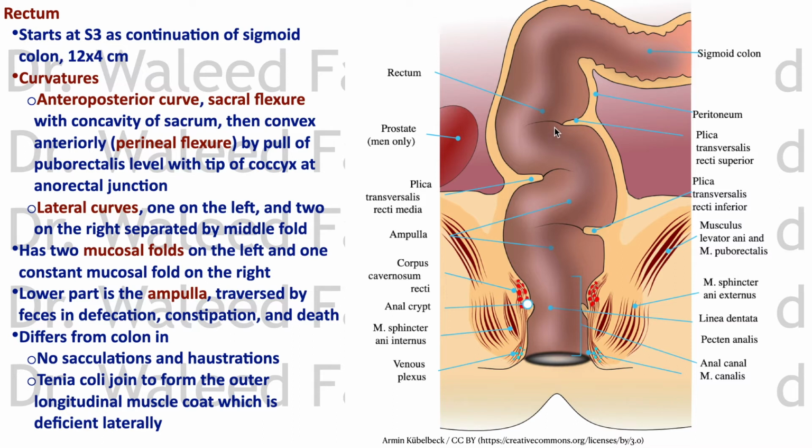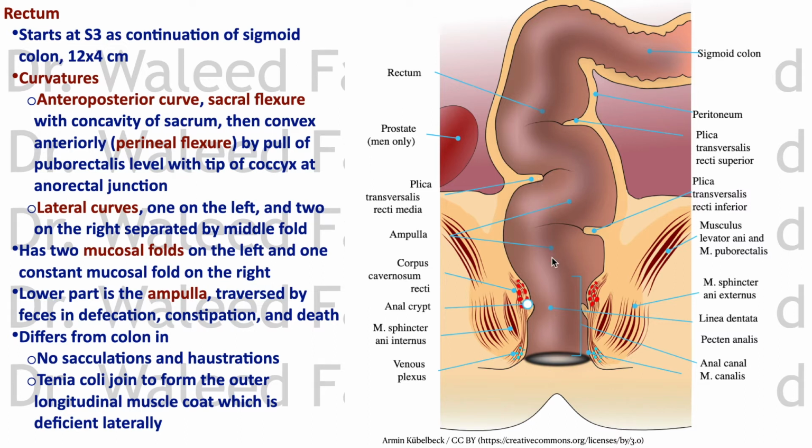They project into the inside of the cavity of the rectum, two on the left side and one on the right side. The one on the right side is a constant mucosal fold, a complete fold, that's apparent on the rectum. So remember the curves, two on the right, one on the left. The folds, two on the left and one on the right.